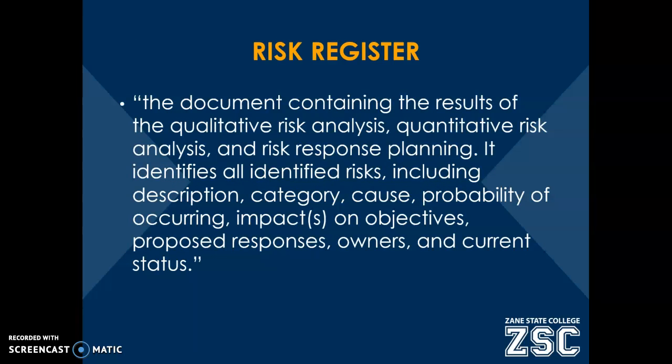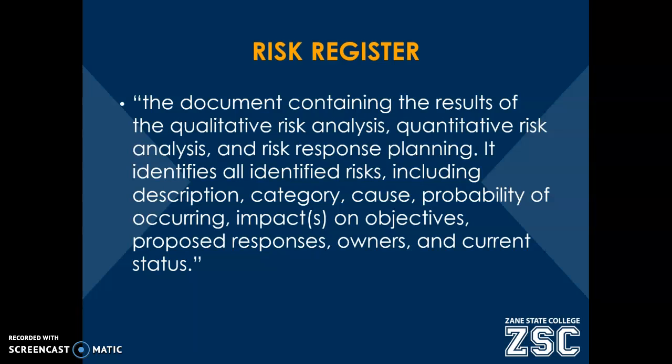So once we have gathered information, we've identified risks, we've looked at the way that different risks can be related to each other and cause other risks to occur, we want to make sure that we document this all in an official document that we call the risk register.